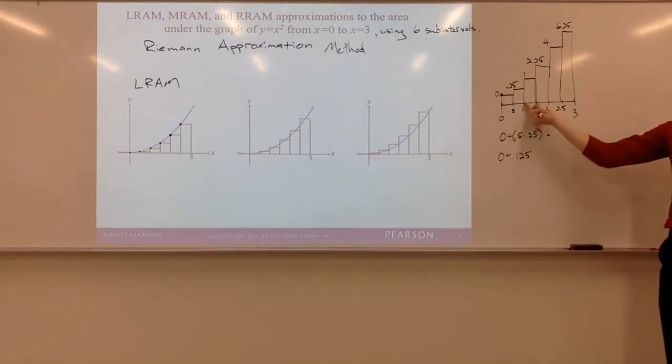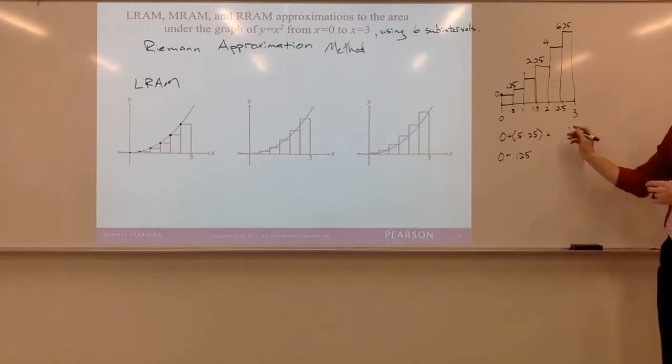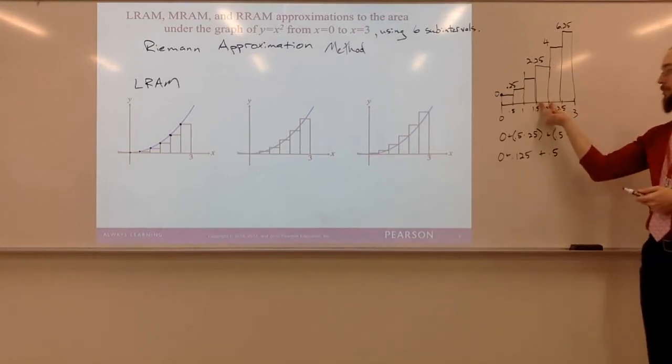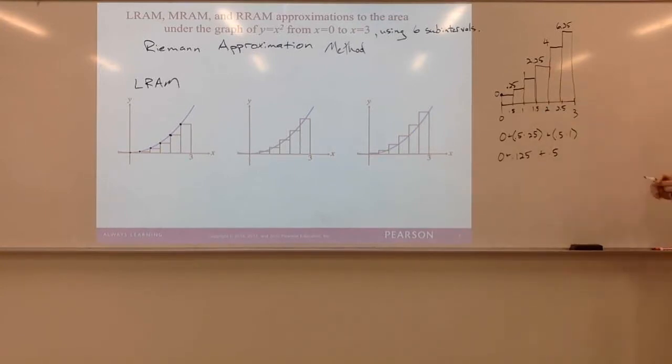My next rectangle, again, this dimension is 0.5 times a height of 1. 0.5 times 1 would just be 0.5. My next one, again, 0.5 times 2.25, which would be 1.125.